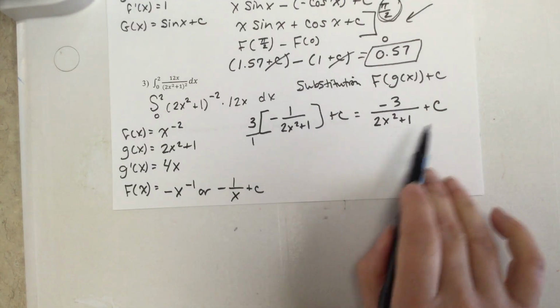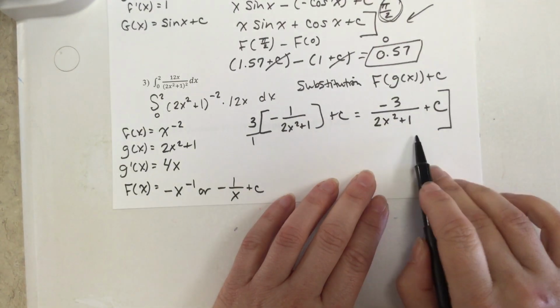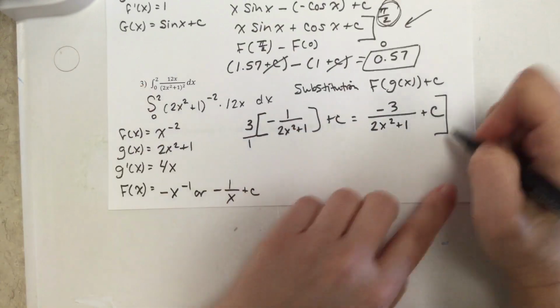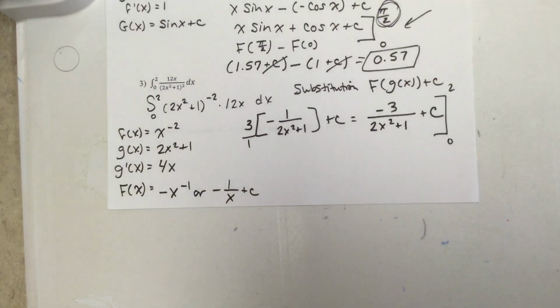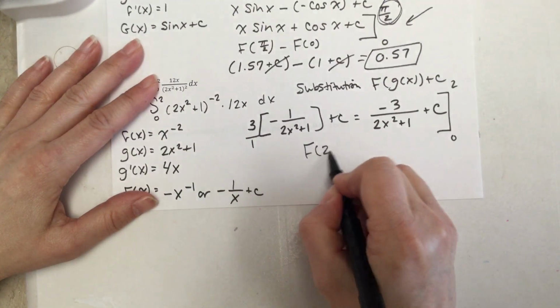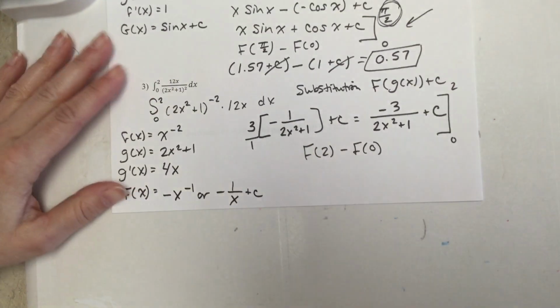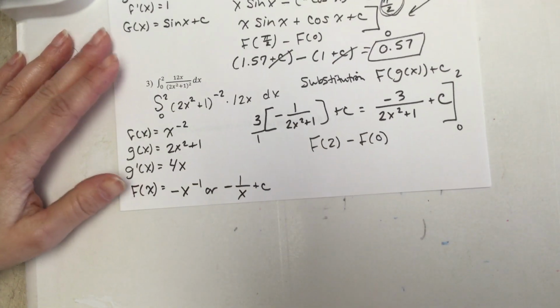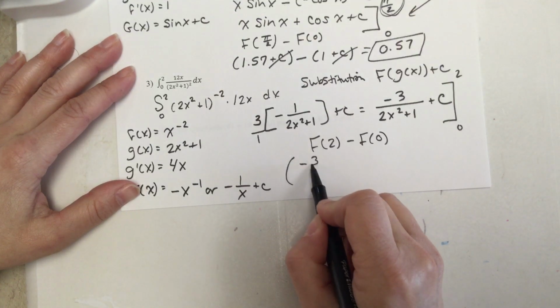Okay, so this is my antiderivative, but I'm going from 0 to 2. So I have to fill in a 2, find out the value, then fill in a 0 and find out the value. So I have negative 3 on the top.